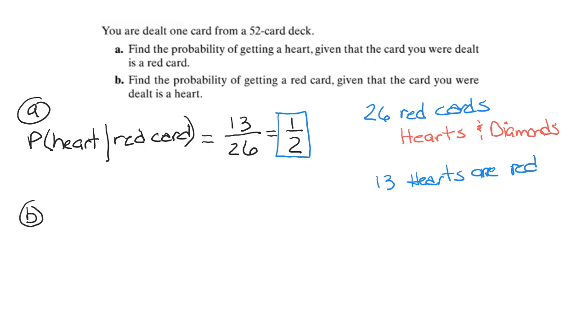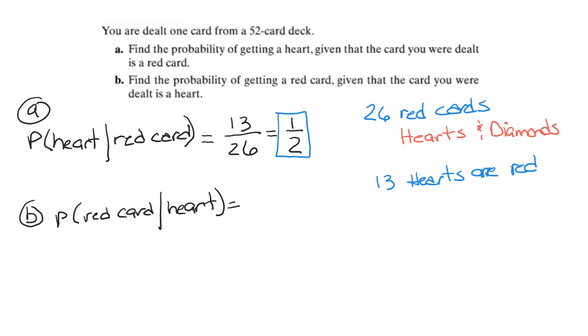Right, for the second probability, it says find the probability of getting a red card given that the card you were dealt is a heart. So the probability of a red card given that you were dealt a heart. And this one's kind of a no-brainer, but let's show the work.